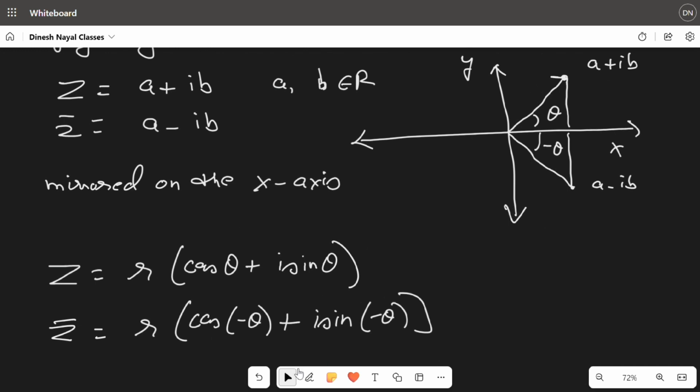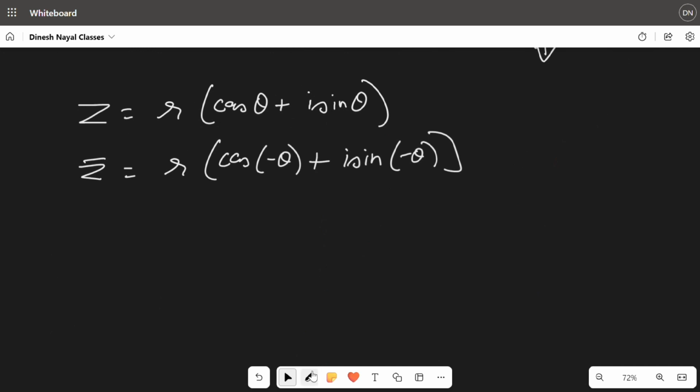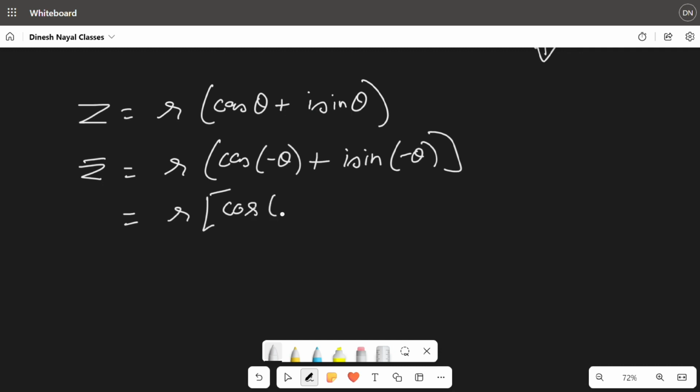So cos of minus theta will be cos theta, but sine is negative in the fourth quadrant, so sine of minus theta will be minus sine theta. So r cos theta minus i sin theta will be the conjugate in that form.